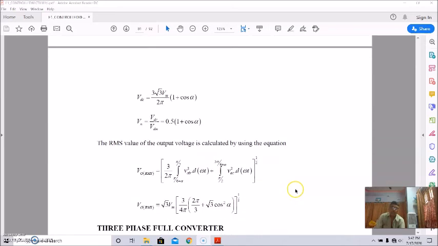The RMS value of the output voltage is calculated by using these equations.